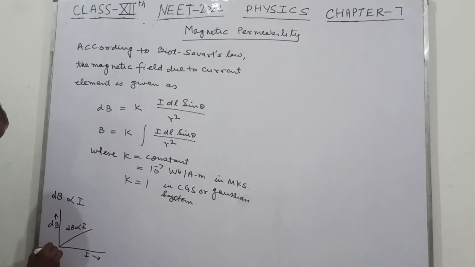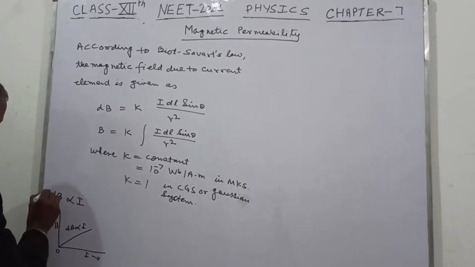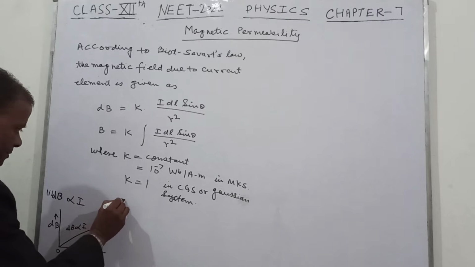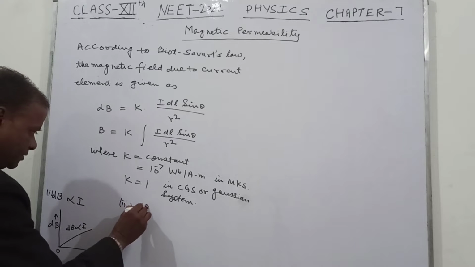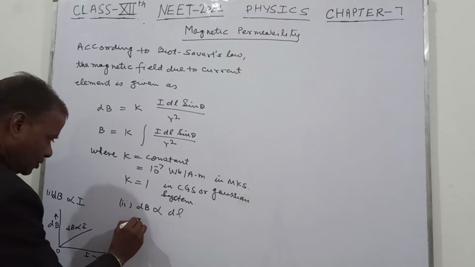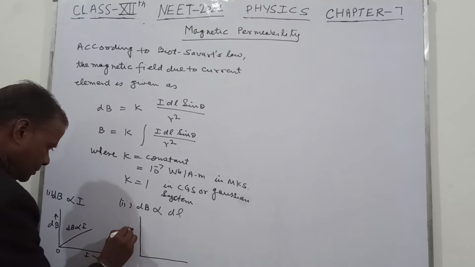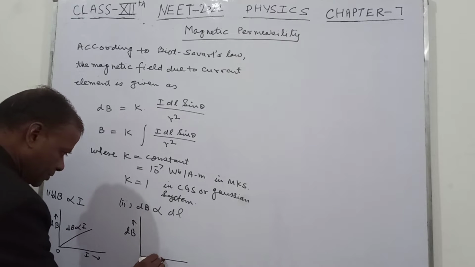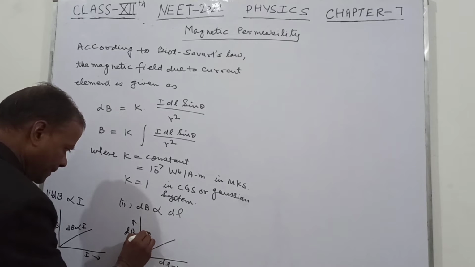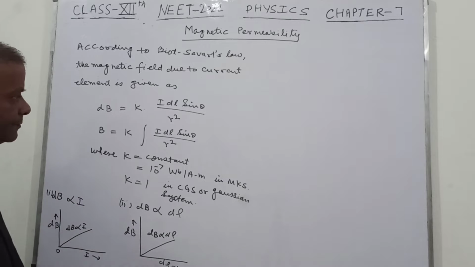Second, dB is proportional to dl, and again we have a straight line.